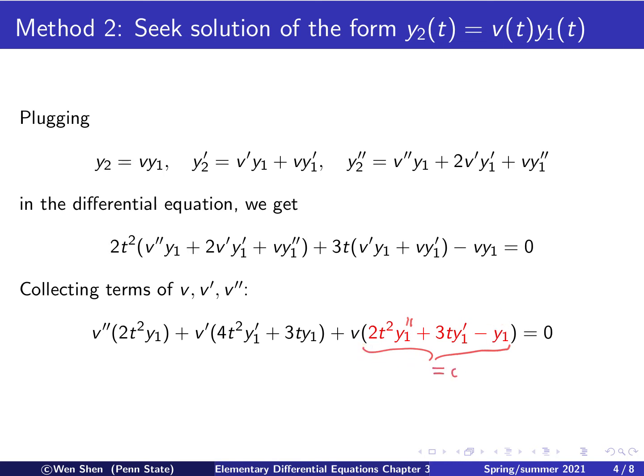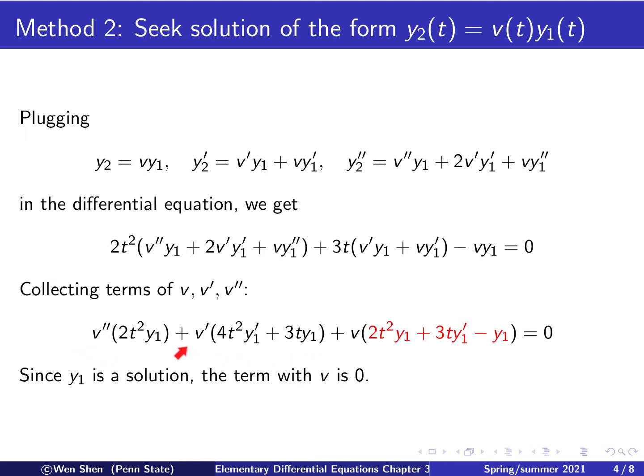Right? So that term will be gone. Here we repeat it again: since y1 is a solution, the red part is 0. Now we can drop this term, and the equation becomes the first two terms add up to 0.